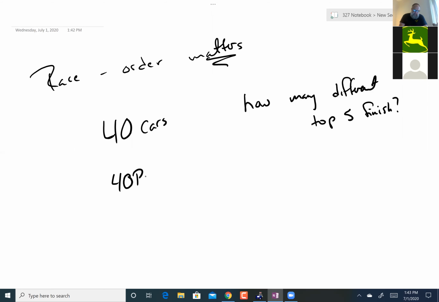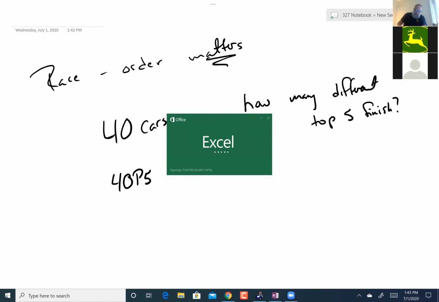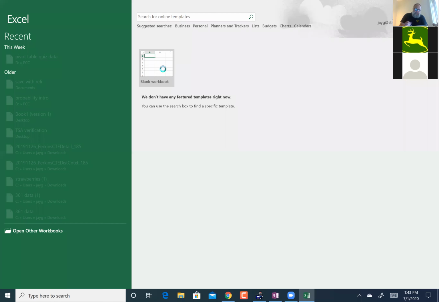So 40P5. And if you do that on your calculator, let's do it in Excel this time. Excel or Google Sheets, it's the same for what we're doing here.